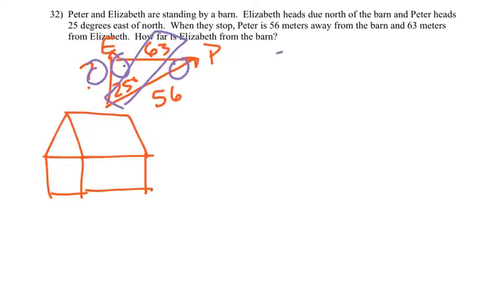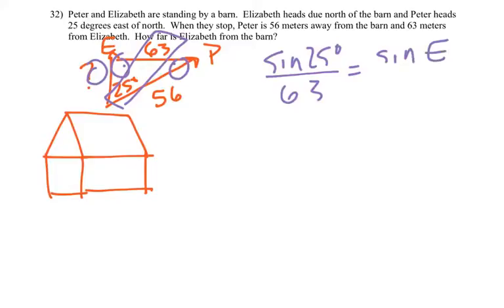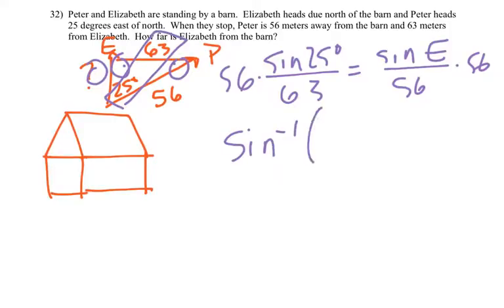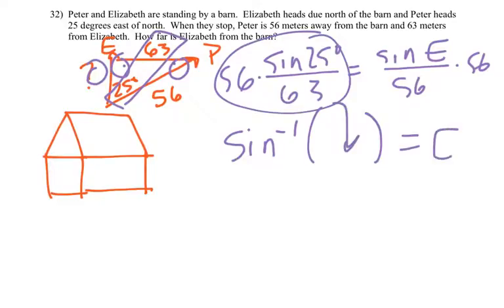So I go, the sine of 25 degrees over 63 is equal to the sine, we'll call that angle E for Elizabeth, over 56. Times by 56, we get the sine of angle E, which we're going to have to do the inverse of that whole thing to get what E is.